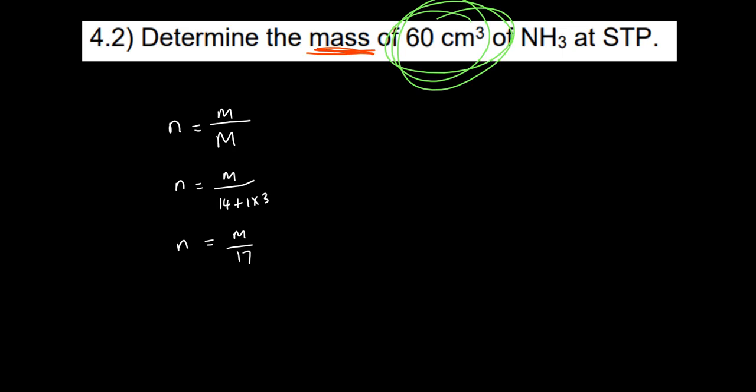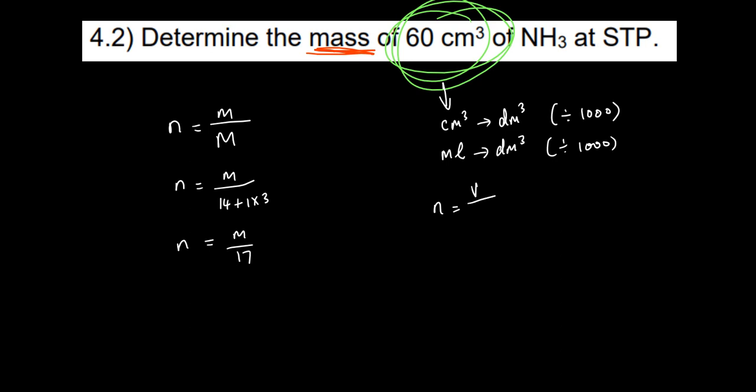But before we use this volume, let's remember that to move from centimeter cubed to decimeter cubed, we divide by 1,000 because we work in decimeter cubed. By the way, you can also be given milliliters. You still do the same thing. You divide by 1,000. So now I will use Avogadro's law.